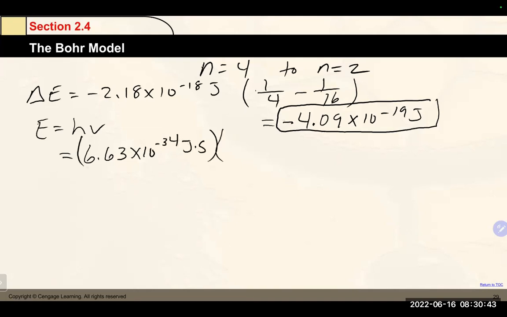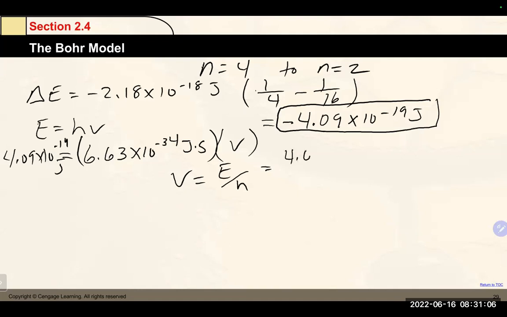Our frequency is what we're looking for, and that would equal our positive 4.09 times 10 to the minus 19 joules. If we rearrange that, the frequency would be our energy divided by h.